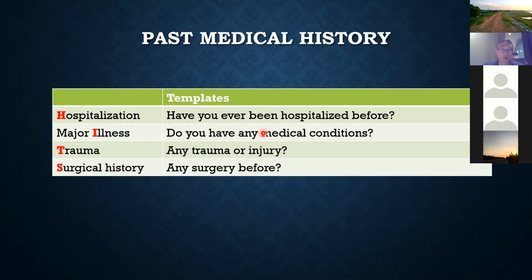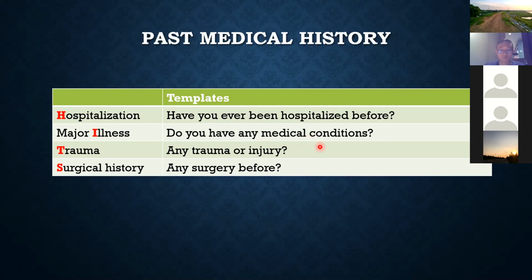And remember, I don't know why, but when I had a chance to do a clerkship with the medical students from Vietnam here in the US, they usually use the words, do you have any disease? Disease is not the wrong word, but for some reason the patient may misunderstand that word, and they may think that disease is infectious disease or contagious disease, and they don't want to share with you about that.